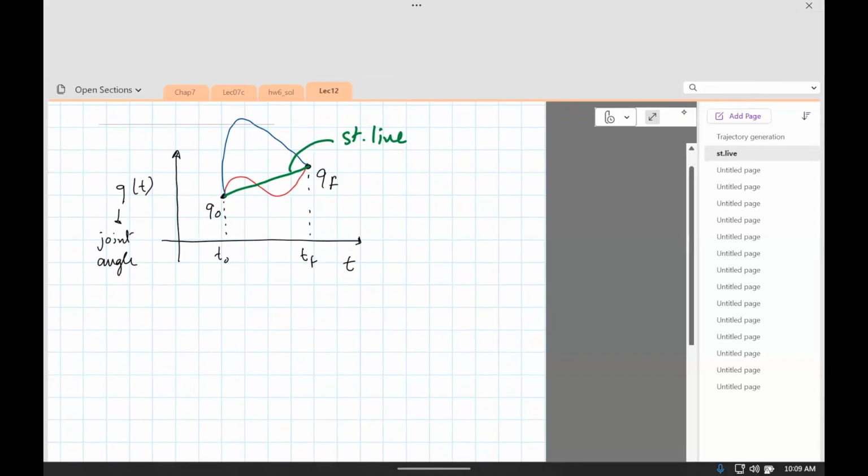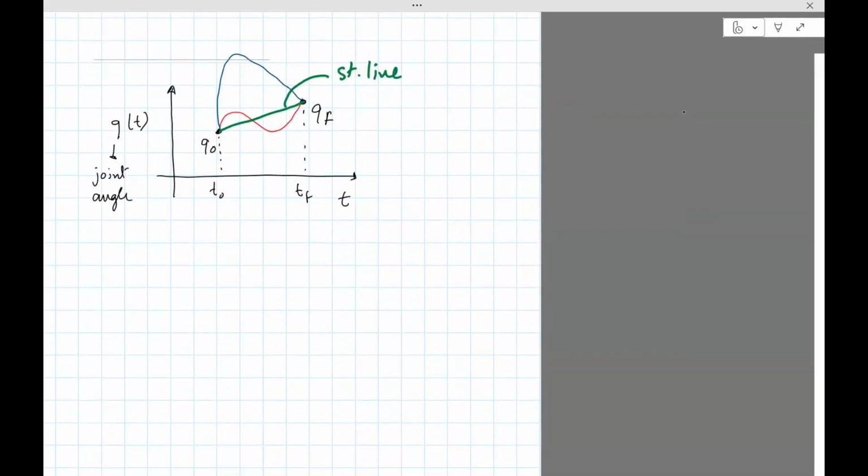So our goal here is to see how to connect Q0 to QF with a straight line. Okay, that is, we are trying to find a function of time for that joint such that we go in a straight line.